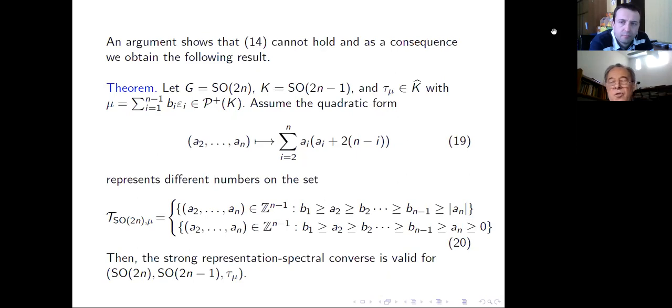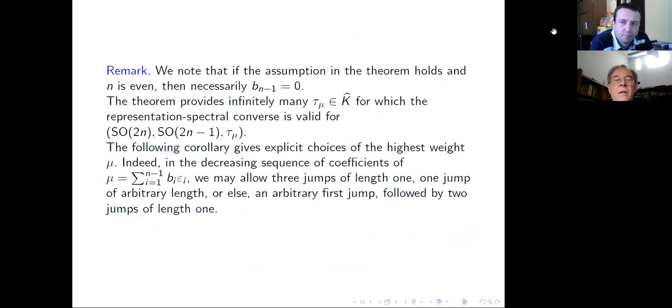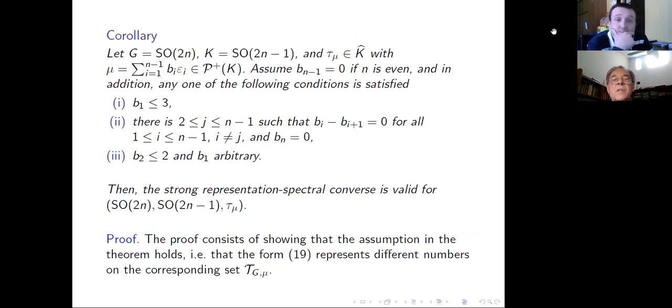Then in that case, the strong representation converse is valid. And then in this corollary, we see that given mu with such a shape and under those conditions, either B1 less than or equal to 3 or condition 2 or 3, then the strong representation spectral converse is valid, and then we have infinitely many cases where it holds.